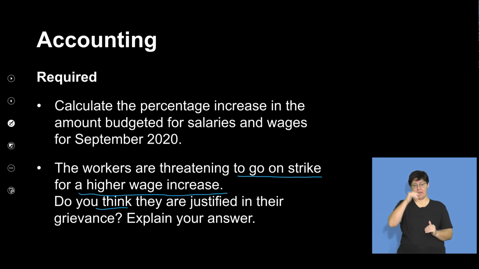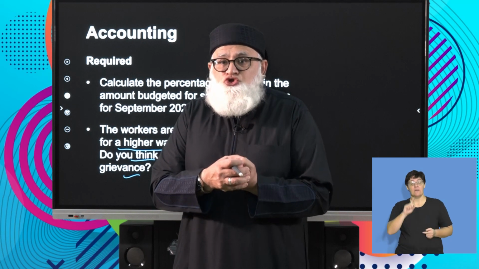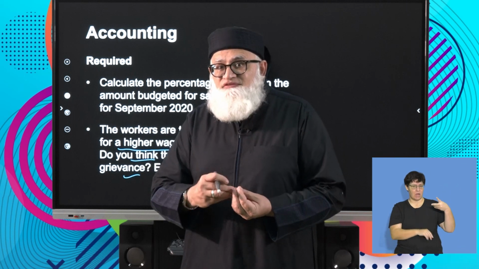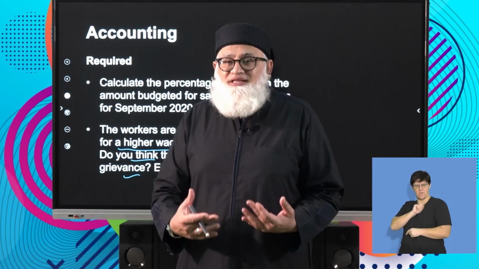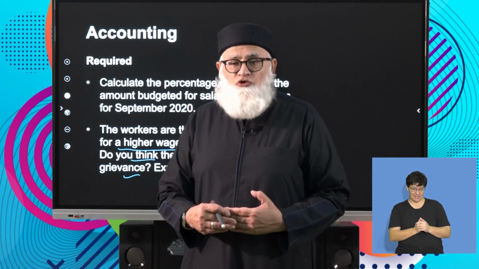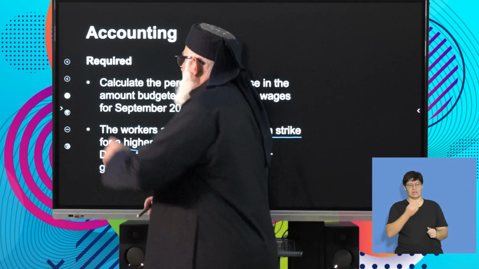Do you think that they are justified in their grievance? Explain your answer. So this means that you first have to do a calculation, then look at the grievance and see whether they are justified in going on strike action.